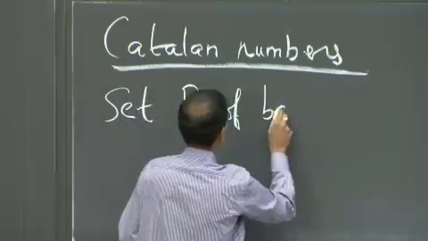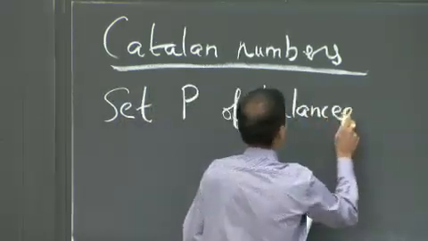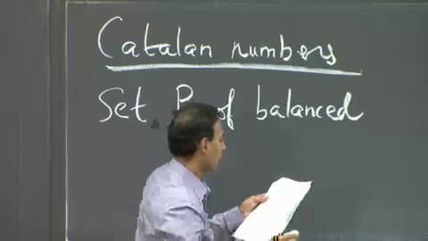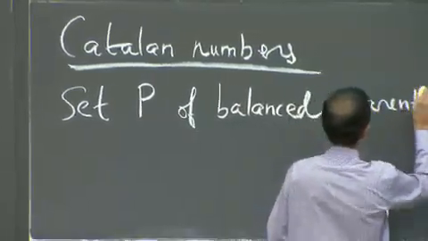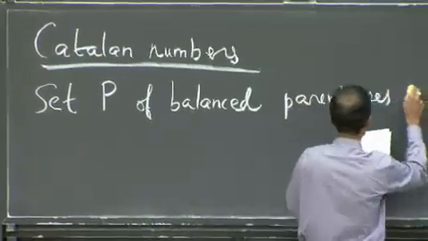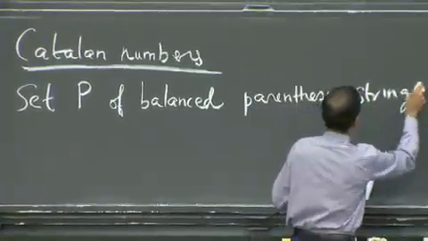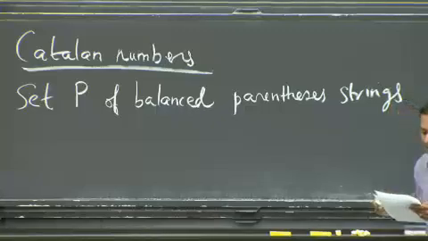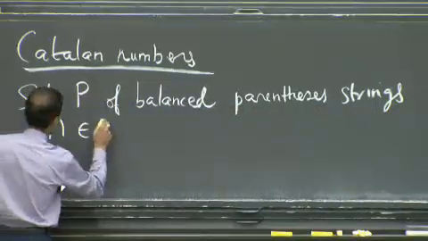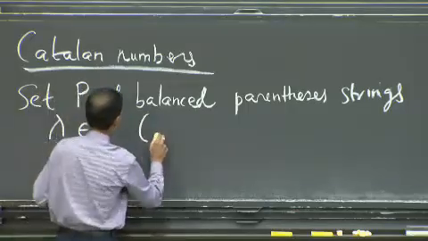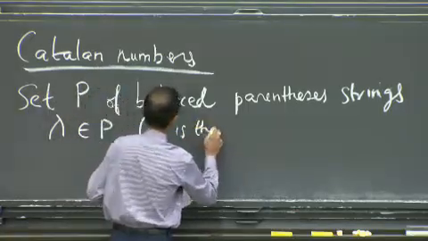You can think of them as representing the cardinality of the set P of balanced parentheses strings. And we're going to recursively define these strings as follows. We're going to have lambda belonging to P, where lambda is the empty string.